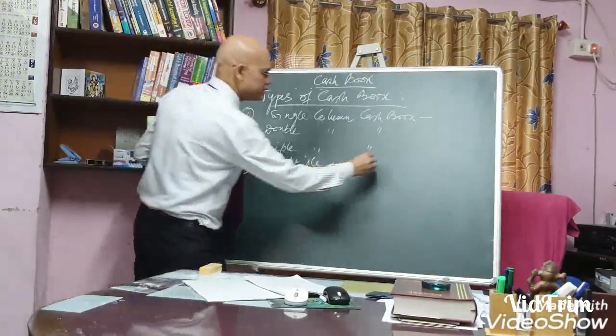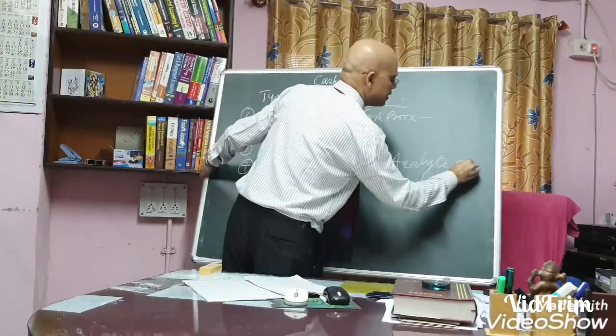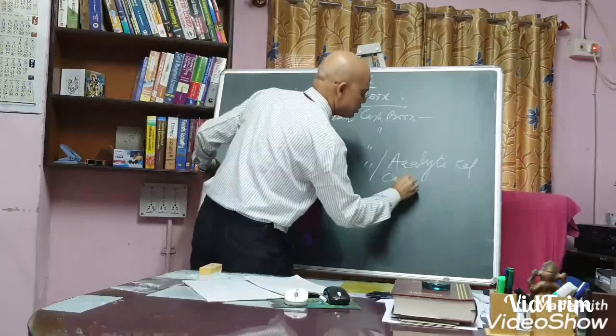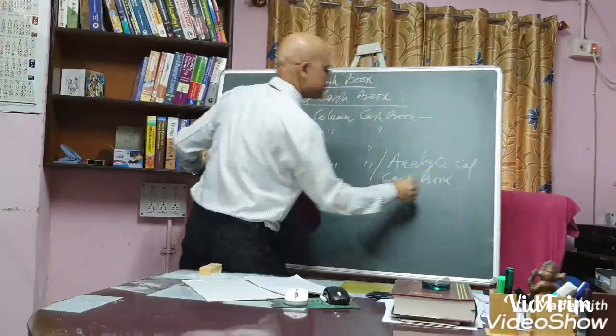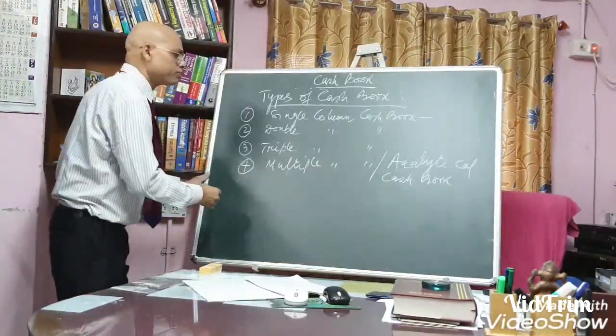You can also say this is an analytical cash book. This you can say multiple column cash book, or you can say analytical cash book.